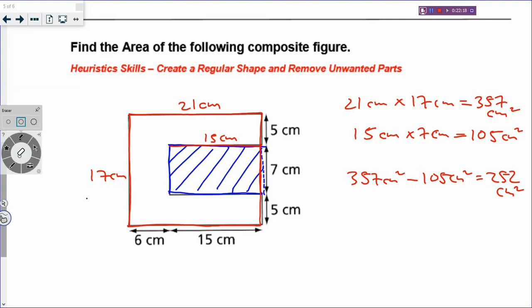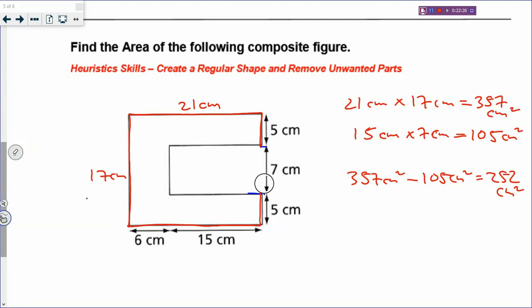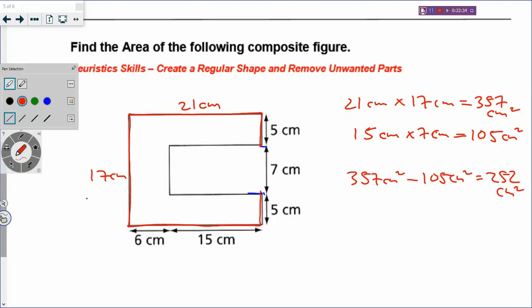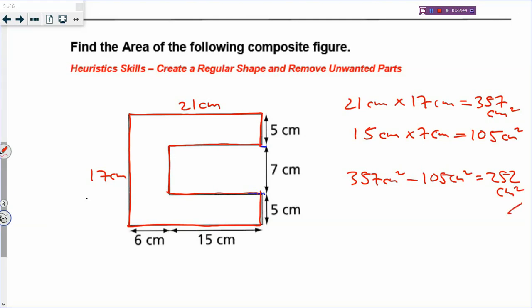You created a rectangle already, and then you remove, take out this rectangle area that you don't want, and then you will see that you will get the area of the composite figure. It looks like this after you have removed what you don't want. So the area of this composite figure will be 252 cm square. So the lesson here: create a regular shape, which is a rectangle, can also be a square, and then you take out the unwanted parts.